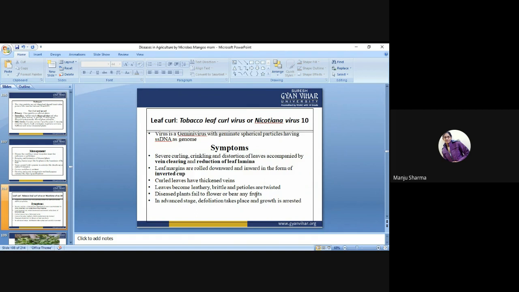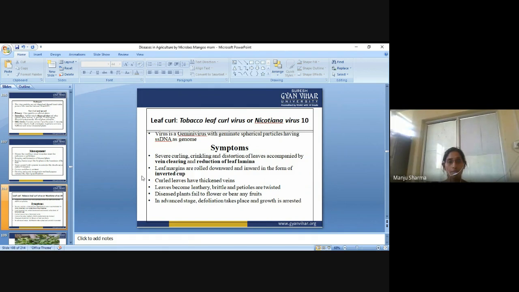Then the curled leaves have thickened veins, so the leaves become leathery, brittle, and petioles are twisted. Diseased plants fail to flower or bear any fruits. In advanced stage, defoliation takes place and growth is arrested.